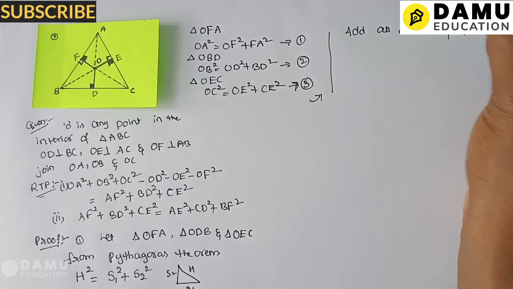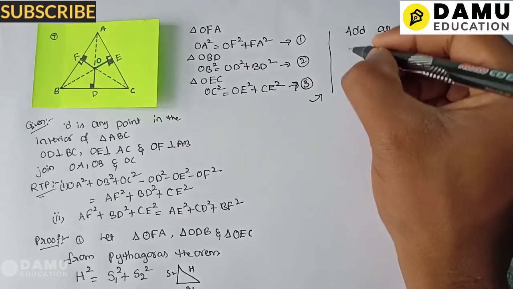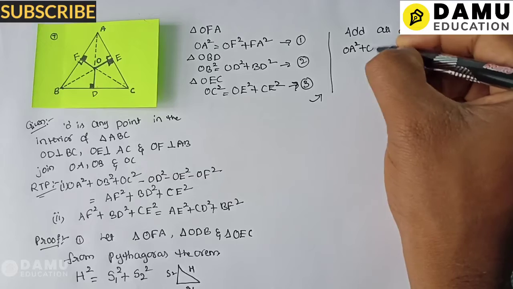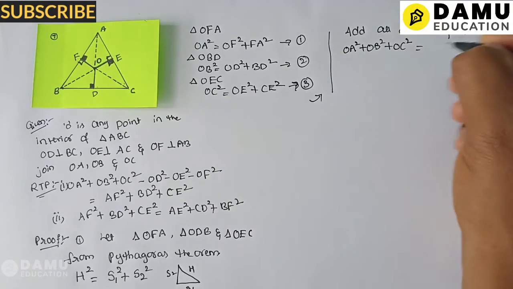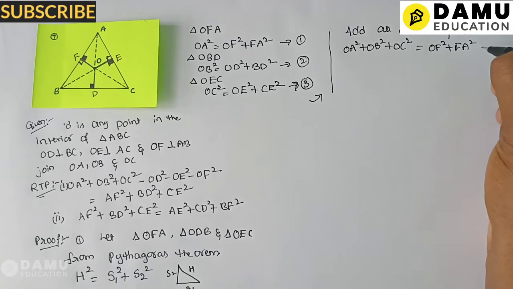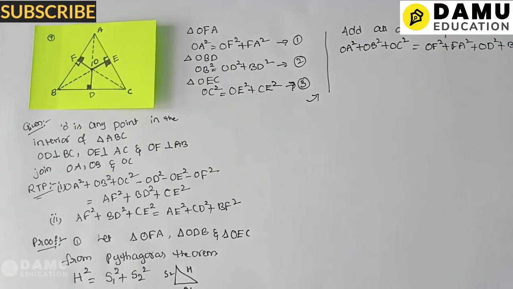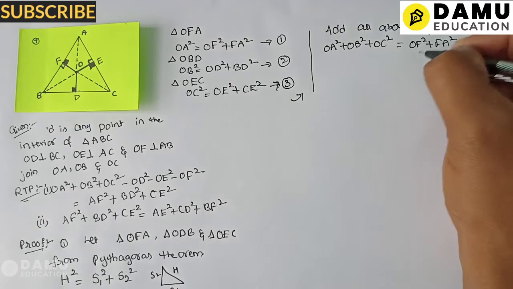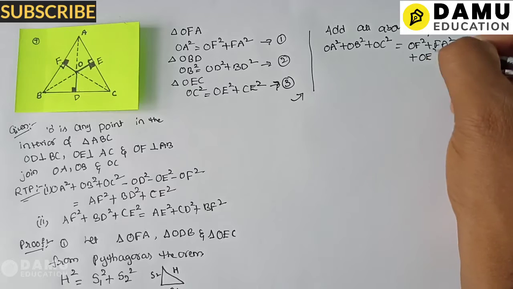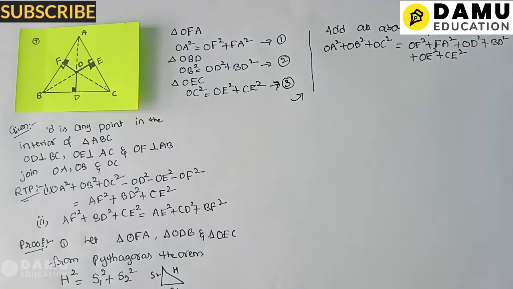If you add all of the above equations, the left side is OA square plus OB square plus OC square will be equal to OF square plus FA square plus OD square plus BD square plus OE square plus CE square.